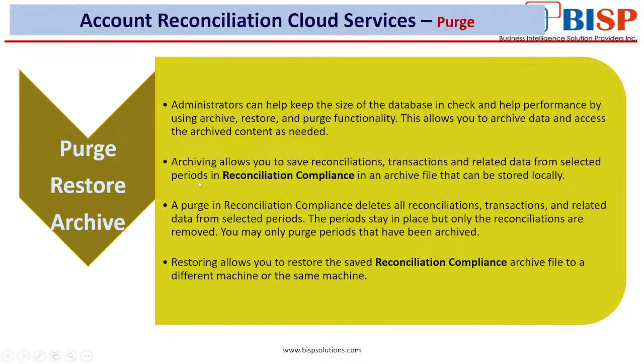The archiving allows us to save reconciliation, transaction, and related data from selected periods in reconciliation compliance in an archive file. So for the different reconciliation compliances, the available data, that is the reconciliation transactions, is saved in an archive file that can be restored at some other time, and it can be stored locally.